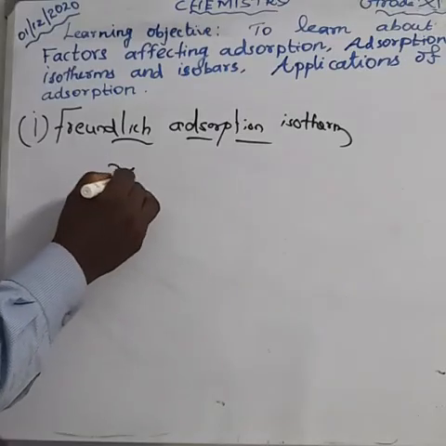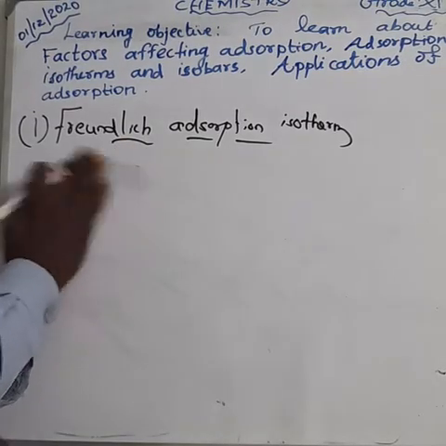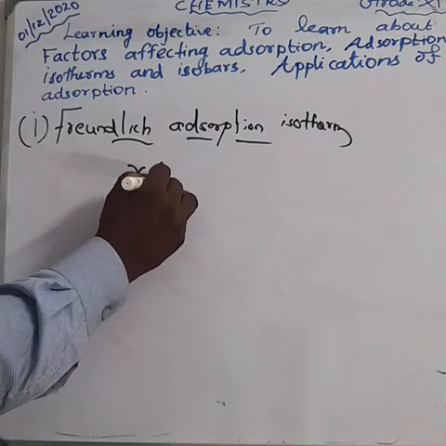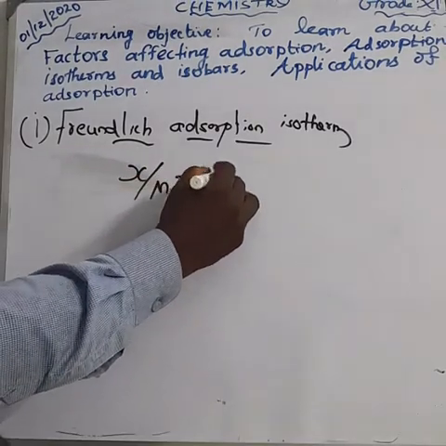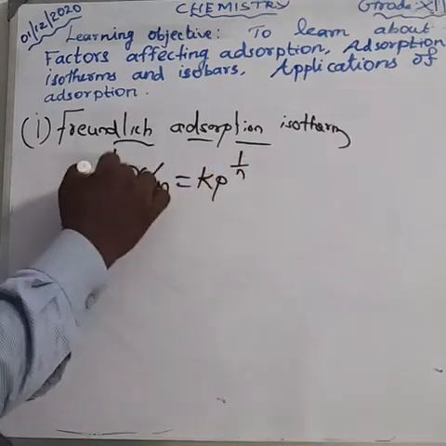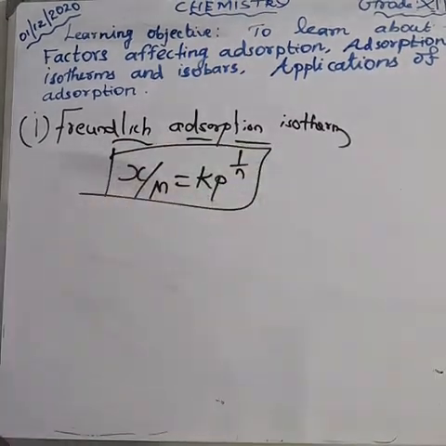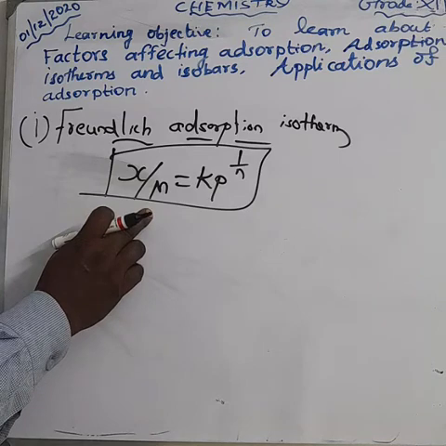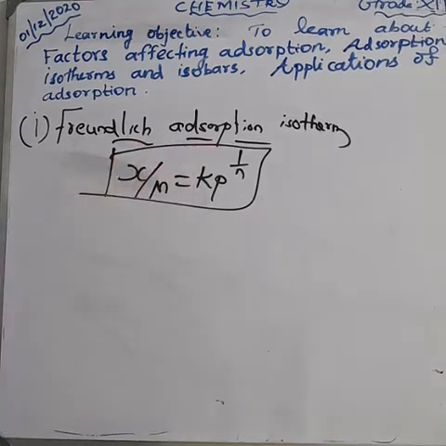According to Freundlich, x by m is equal to kp power 1 by n. This is the formula introduced by Freundlich.